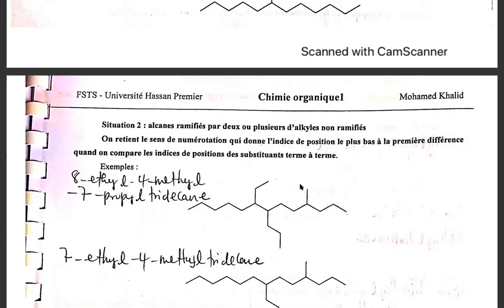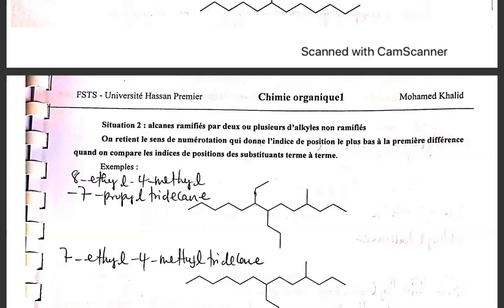So automatically, this one here becomes the principal substituent that we're going to use as reference. Because this one is at position number 4, it's also going to help us determine the positions of these other substituents. Not this one, but this one.